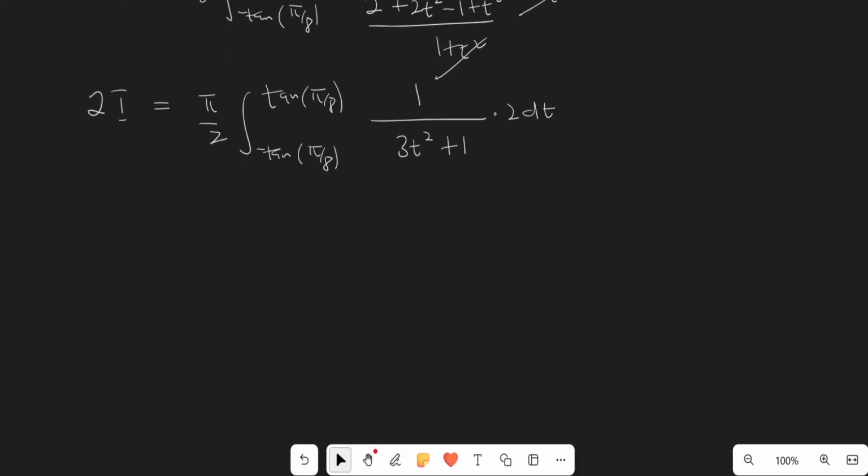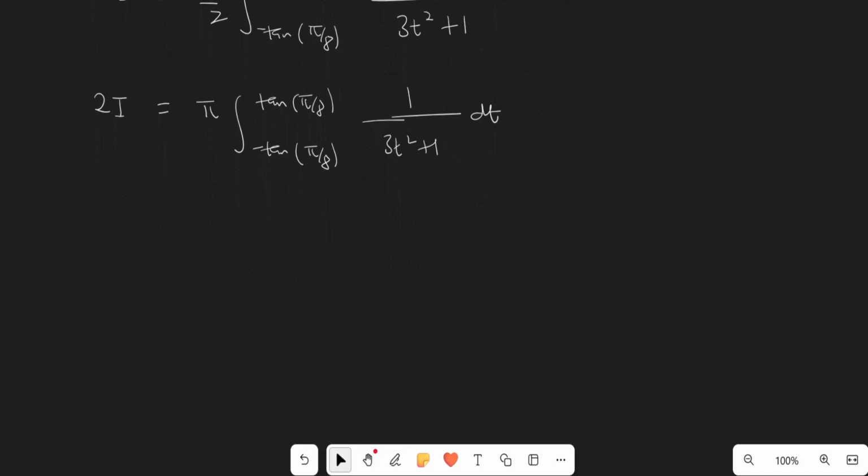This 2 is a constant, it goes in front, which will cancel with this 2. We are left with pi in front here. The limits are negative pi over 8 to positive pi over 8 of 1 all over 3t squared plus 1 dt.